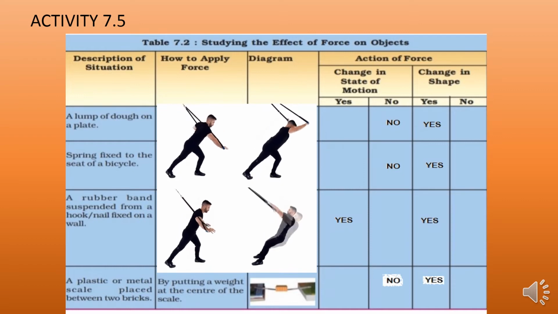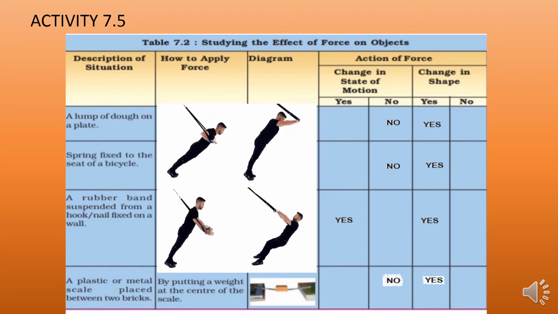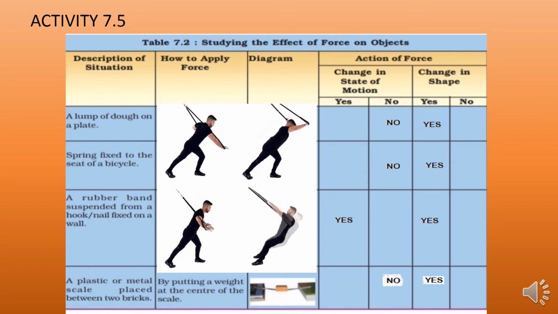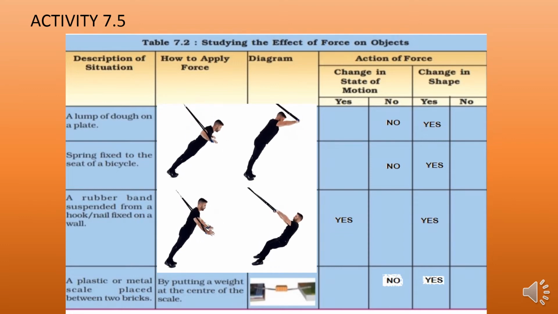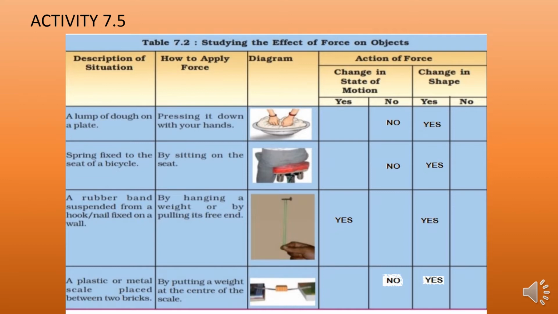By applying the force, what is happening here? There is a change in the state of motion. The shape of the rubber band is also getting changed, and the state of motion is also getting changed. So on both sides we have to write yes: yes for change in state of motion and yes for change in shape.